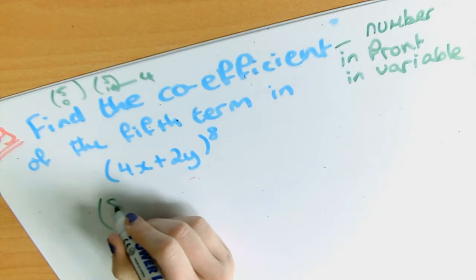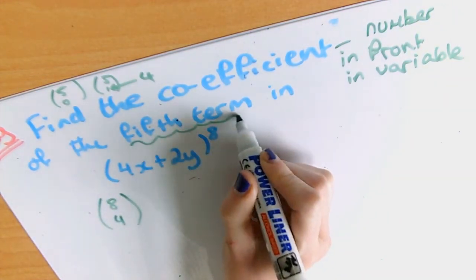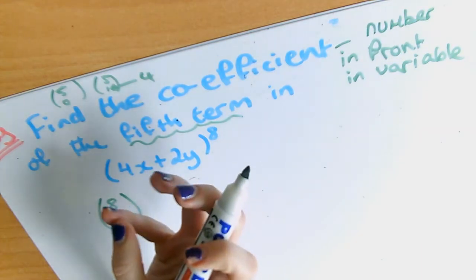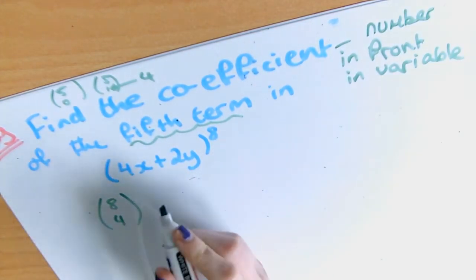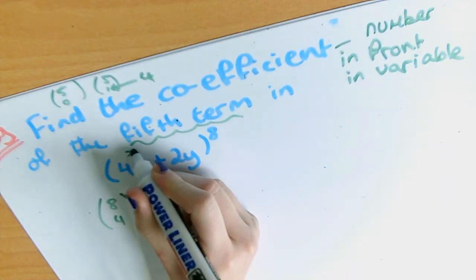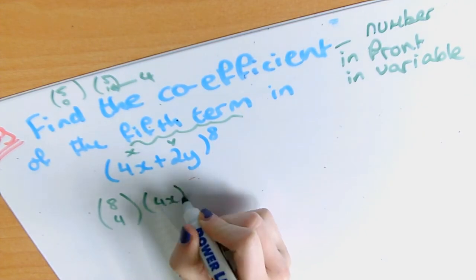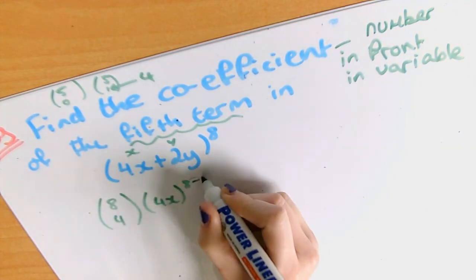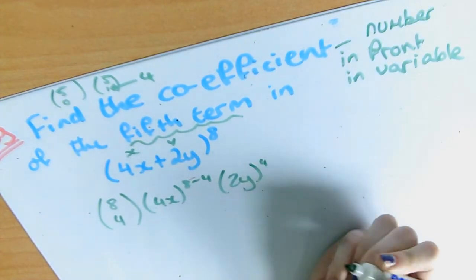So we're going to have 8 choose 4 because it's going to be the 5th term. And when we start from 0, 0, 1, 2, 3, 4 is my 5th term. Then we are going to have our x and our y. So we're going to have 4x to the power of 8 minus 4, by 2y to the power of 4.